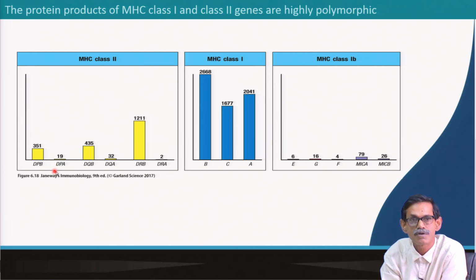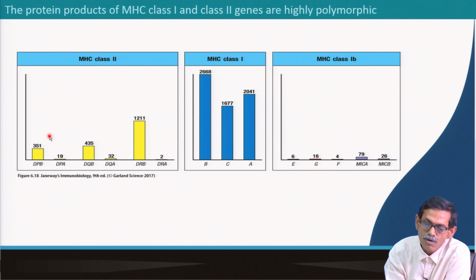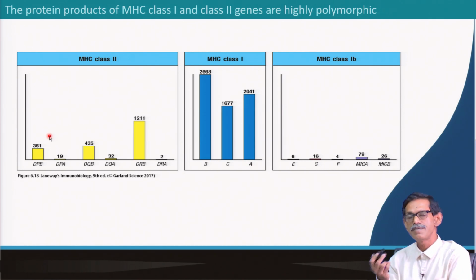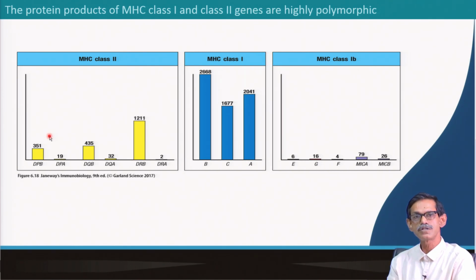A and B stand for alpha and beta. There is a DP set of genes which has DP alpha and DP beta, because MHC2 has both alpha and beta, and DQ is one class of gene which has alpha and beta, and DR is another which has alpha and beta.